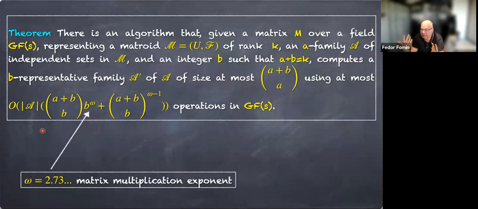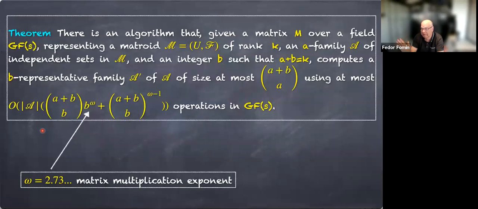And actually, the funny thing here is that I really need the representation of the matroid. I really need the matroid to have an algorithm of such running time. I don't know any other algorithm which computes the representative set in polynomial time and which is not based on algebraic tricks.